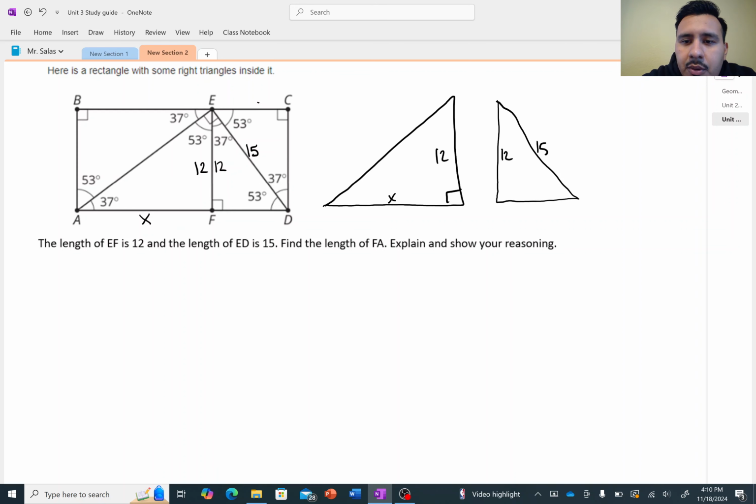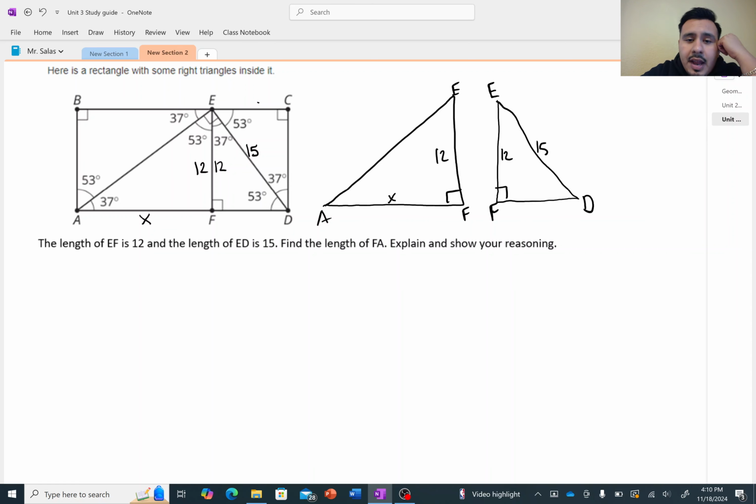This is my right angle, this is my right angle, this is F, E, A, this is F, E, D, okay? I don't want to copy down the degrees because I really don't care about the degrees. I'm missing a side, not angles. I'll just copy down the triangles.